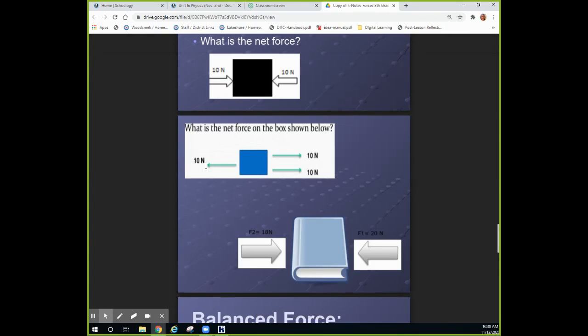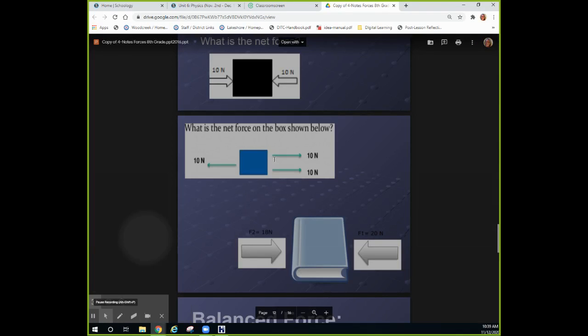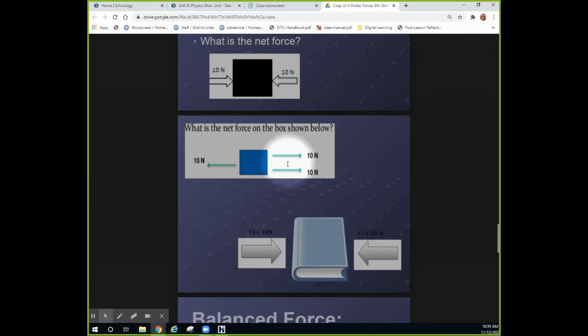So they're going in opposite directions. We need to subtract 20 newtons minus 10 newtons. This box has a net force of 10 newtons. What direction is the box going to move in? This box will move to the right because there is a greater force on the right side pulling the box to the right. Okay? The right side has more force.